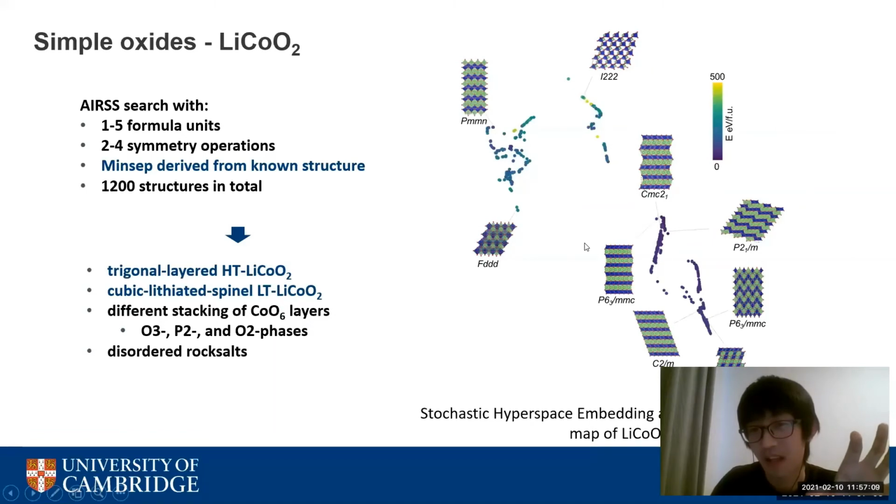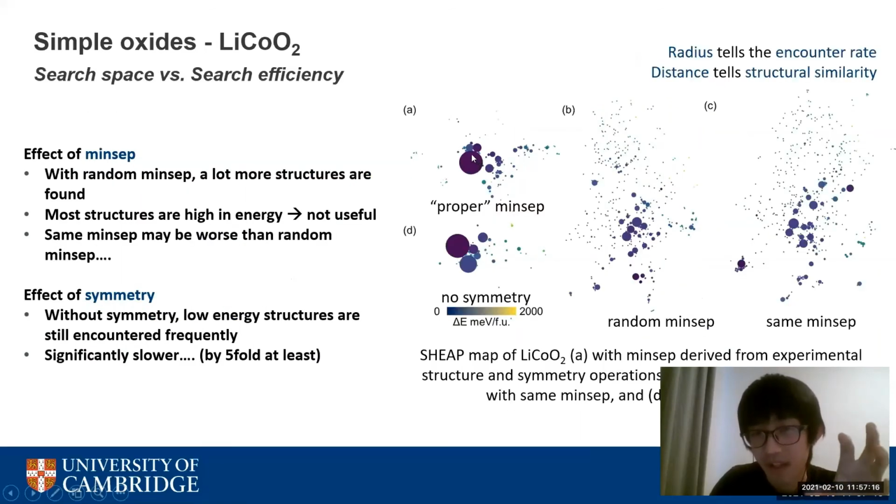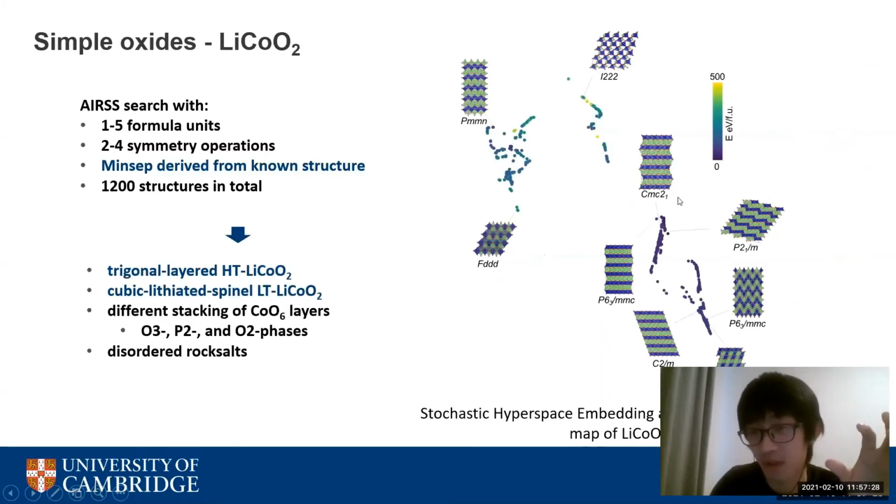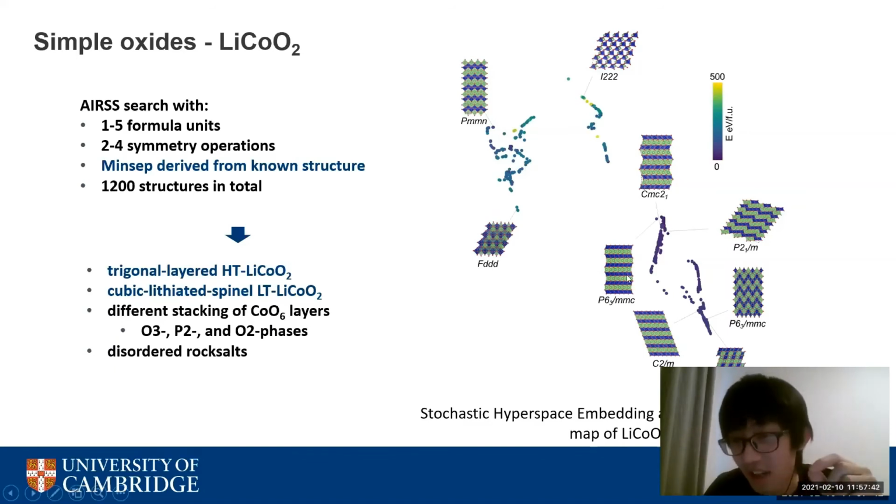In this previous one, each point is one relaxed structure. But in this one, each circle may represent a lot of different structures, but they are essentially the same. What I mean is that when we do this structural search, some of the initial structures may fall into the same local minimum, but due to the accuracy of the DFT calculations, they might have slight distortions, so they are not entirely overlapped.